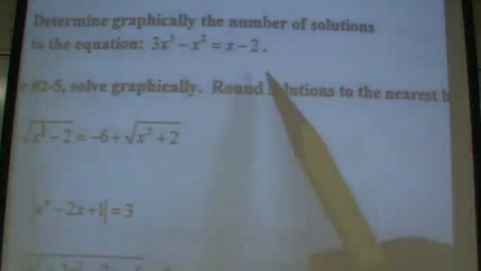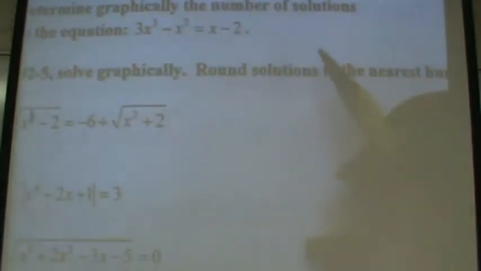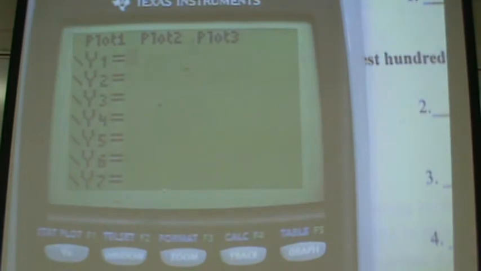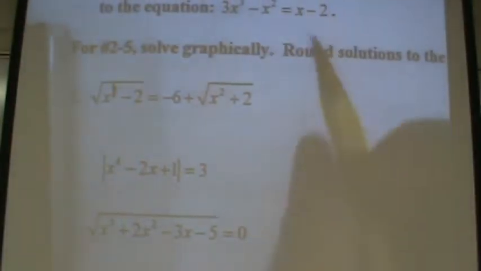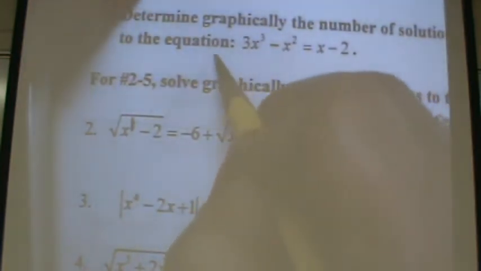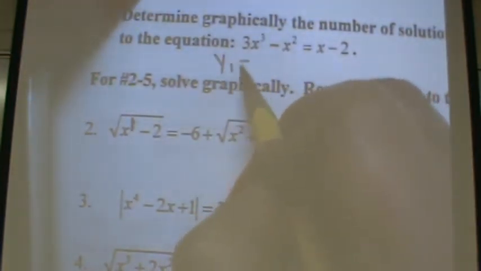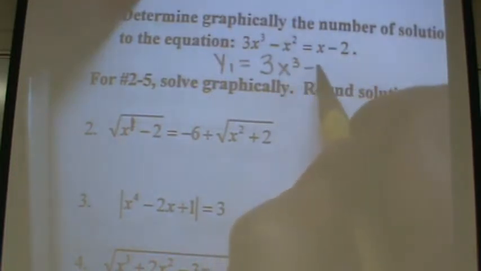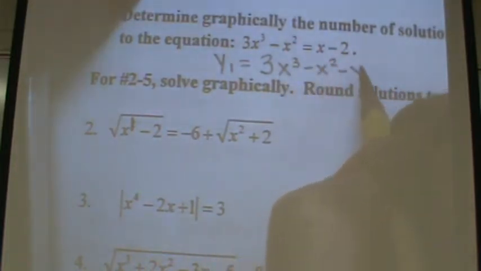For any of these problems, what you do is you want to go to y equals. And you want to get everything on one side. So for this problem, you're going to type y1, at y1 you're going to write 3x cubed minus x squared minus x plus 2.